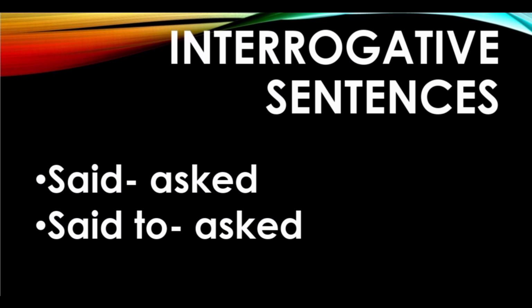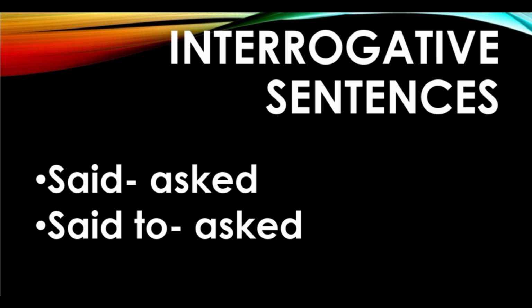What is meant by yes or no questions? Yes or no questions are questions that will give the answer yes or no. For example, I am asking you, do you like chocolate? For that, you will answer yes or no, right? So that is called yes or no questions.